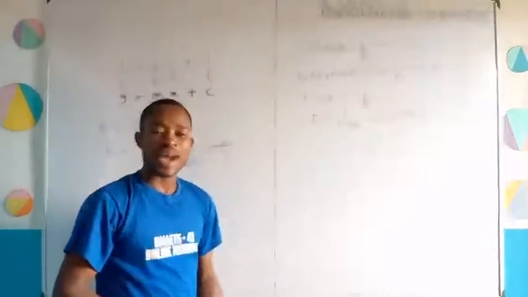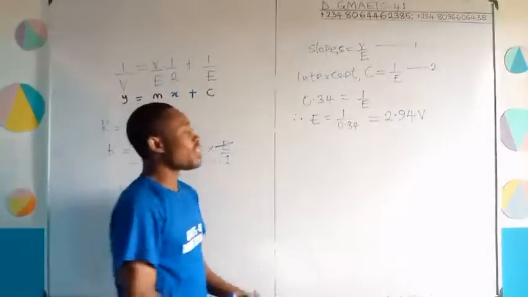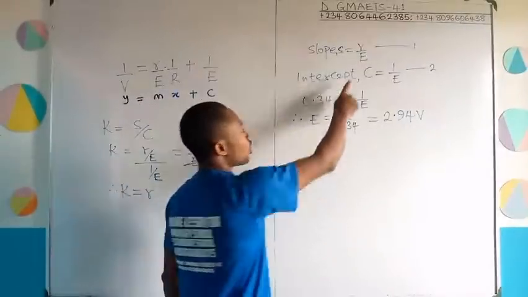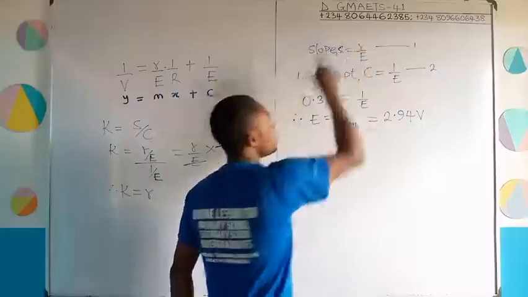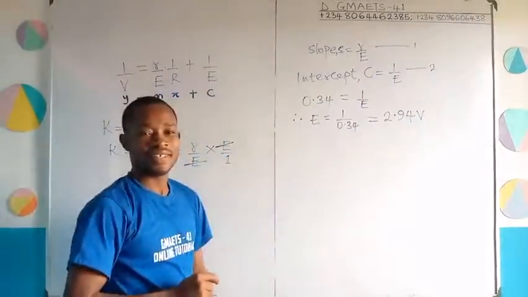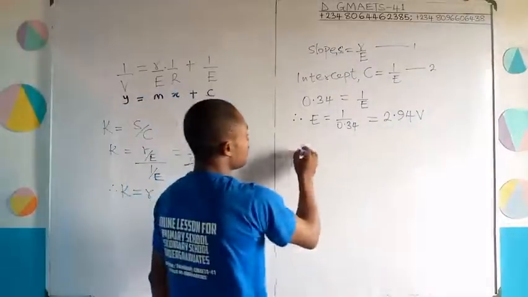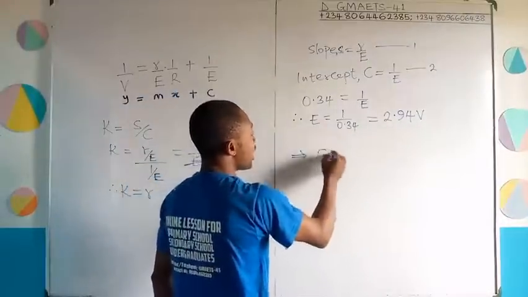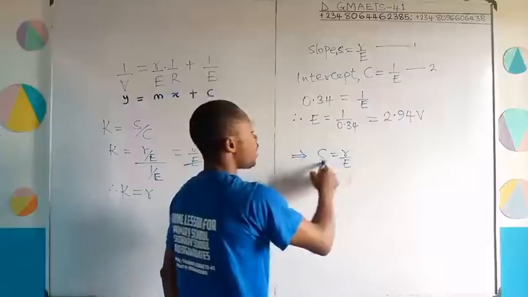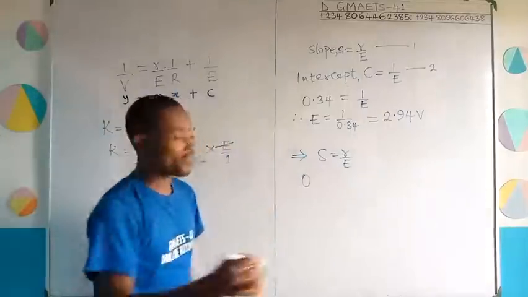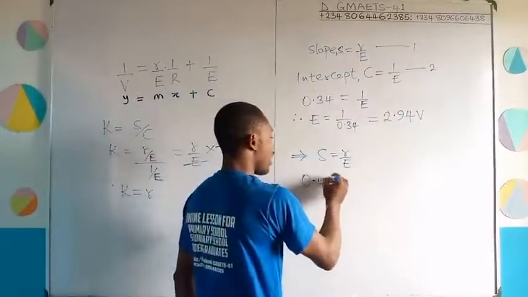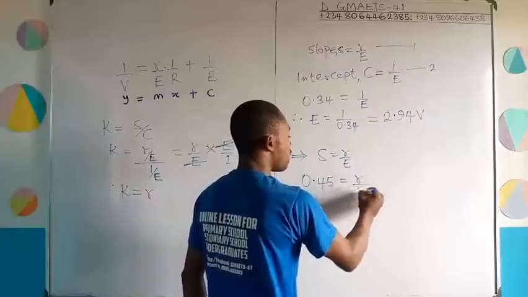So having obtained our electromotive force, we can now use its value to calculate the internal resistance of the cell. We already know the slope from the graph. So watch this now. Using S equal to R over E, our slope, we obtained it from the graph as 0.45. And that will be equal to R over what?